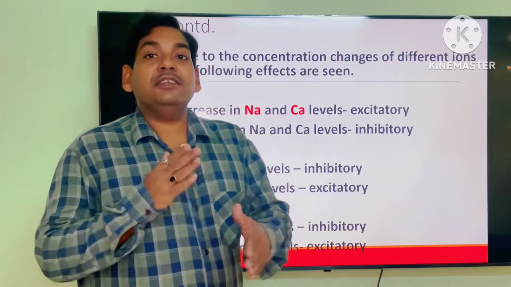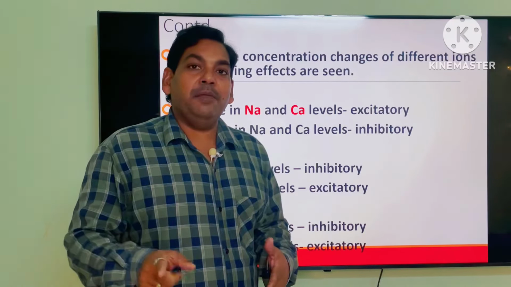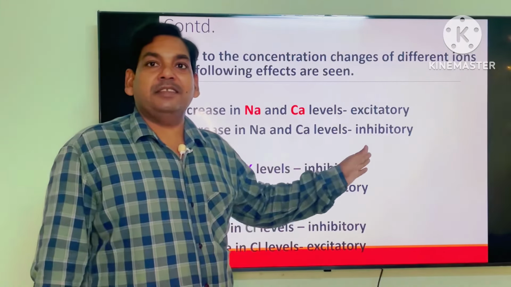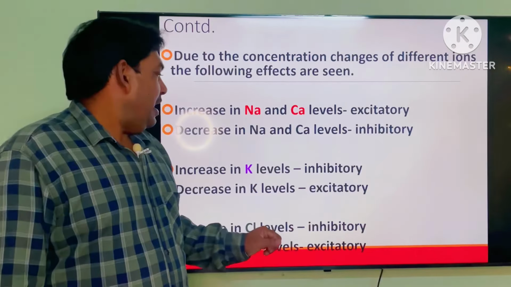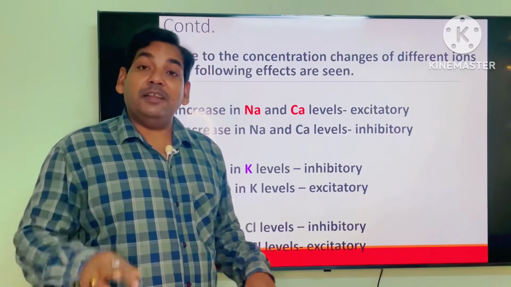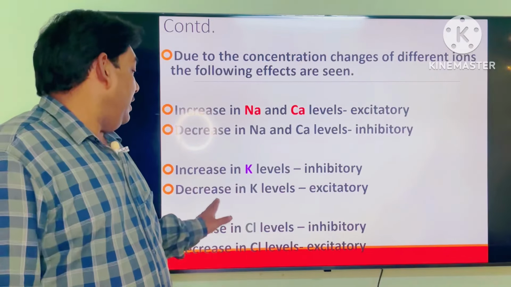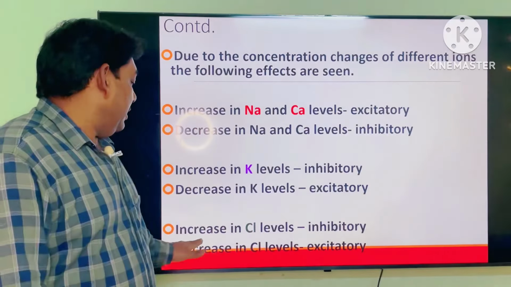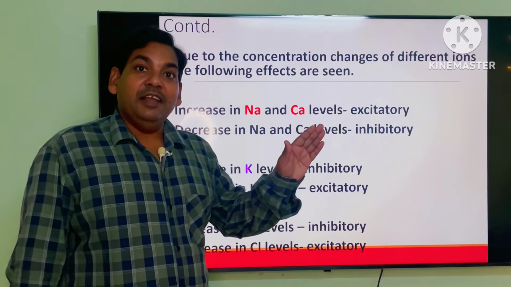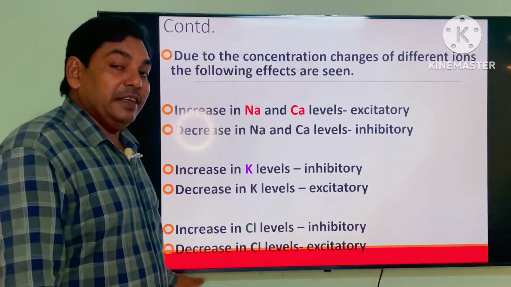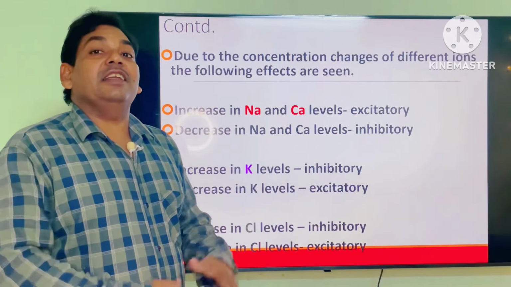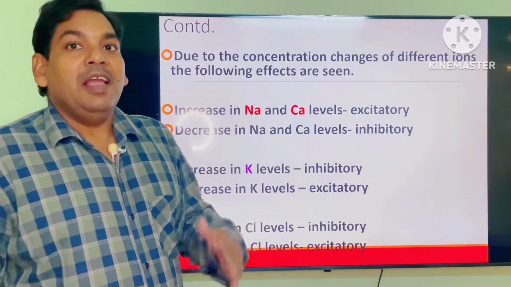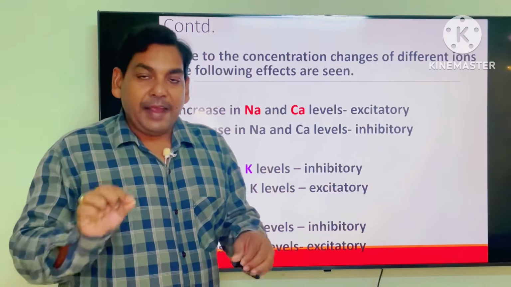If the concentration of sodium and calcium increases, that induces excitation. If the concentration of sodium and calcium decreases, that induces an inhibitory effect. Increasing potassium ion inside the cell is an inhibitory effect, and decreasing potassium ion is an excitatory effect. In a similar way, if chloride ion increases inside, that is an inhibitory effect. If chloride ion decreases inside the cell, that is an excitatory effect. So these ions can induce effects on the body in terms of excitation and inhibition.